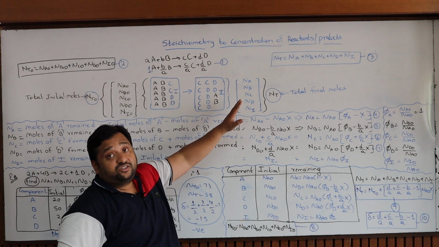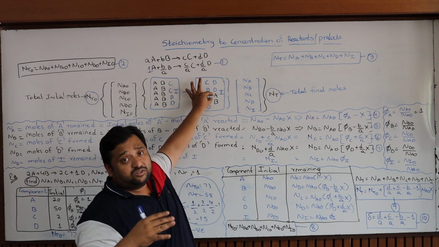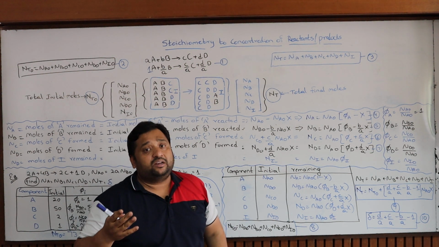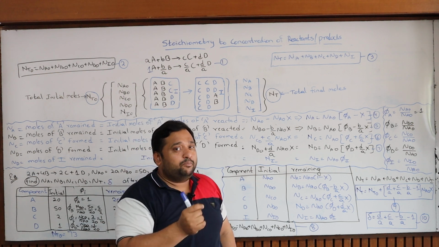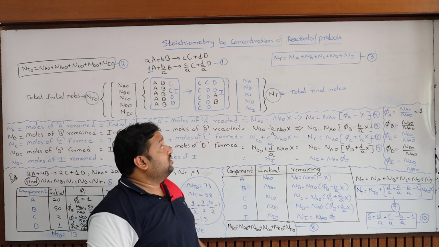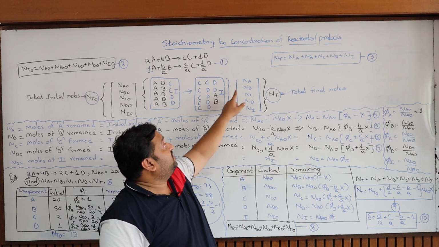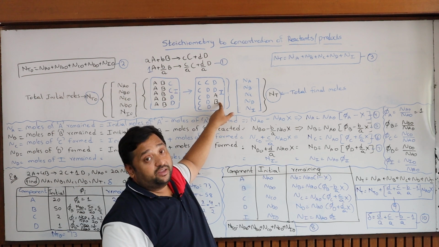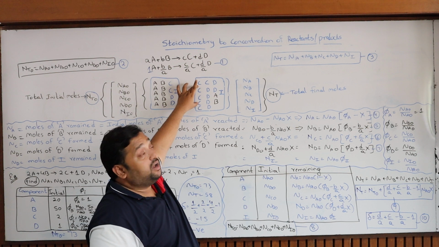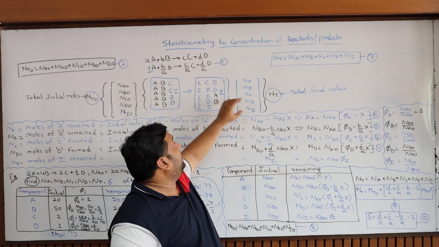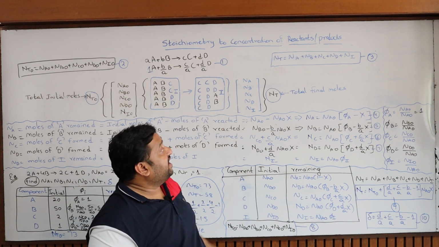After the reaction, certain amounts of A remain, because some moles of A will not react, and some moles of B will not react. So Na is the moles of A remaining after the reaction, Nb is the moles of B remaining, Nc is the moles of C formed, Nd is the total amount of D present after the reaction, and Ni is the moles of inert.